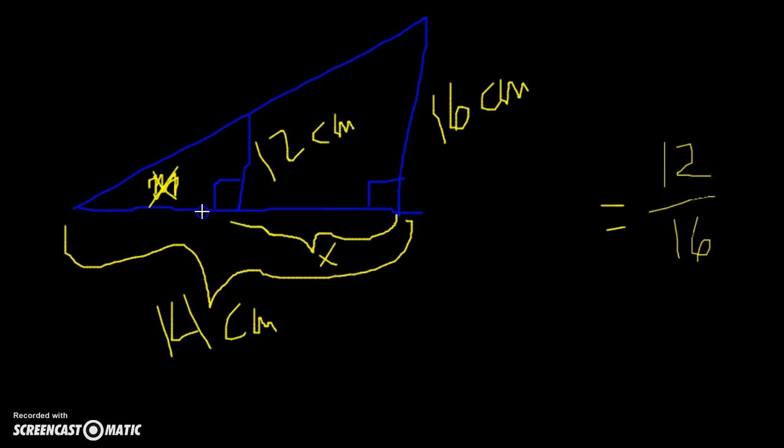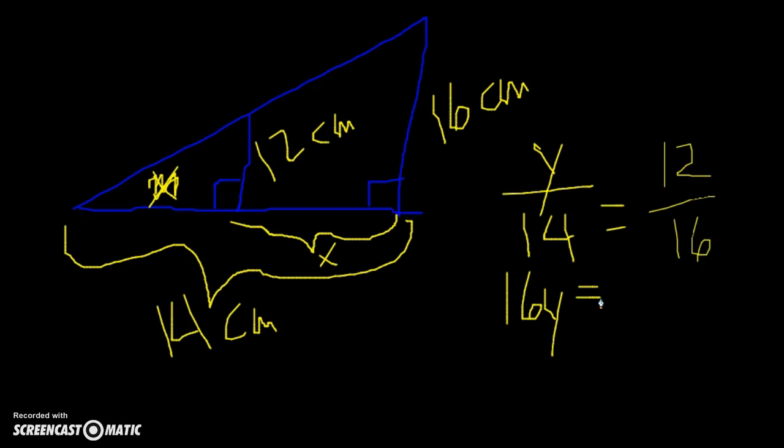I actually need to know this. So I'm just going to give it another letter and figure out what it is. And so it matches up on the smaller triangle with the 12, and I can put my 14 here.